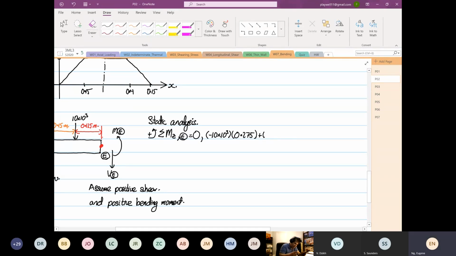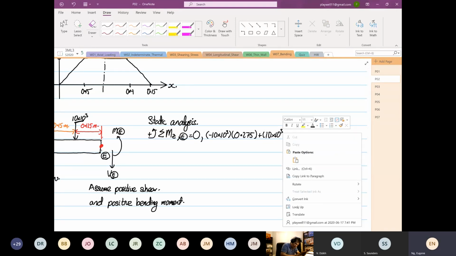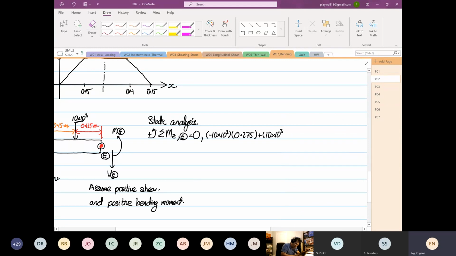Why plus? Because the one we are doing now is going anti-clockwise from this point over here, multiplied by 0.125. And then plus the moment at point E. The whole thing will be equal to 0.